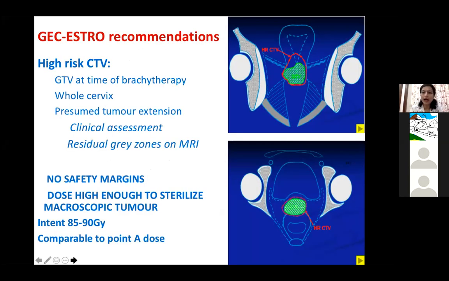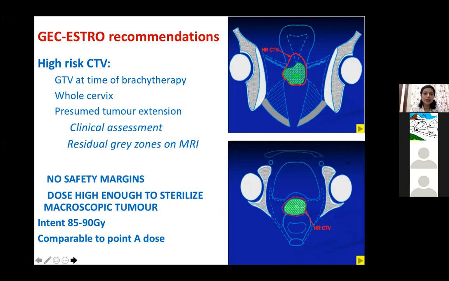So what is high risk CTV? High risk CTV is basically the gross tumor at the brachytherapy, in addition to the whole cervix, plus any presumed extra cervical extension, which is either seen or assessed by clinical assessment or by the residual gray zones on the MRI. Now, it is very important to have these concepts right, because the majority of inconsistencies actually occur at the target delineation.